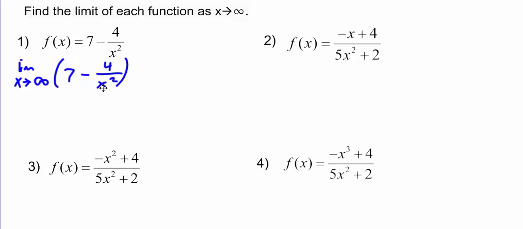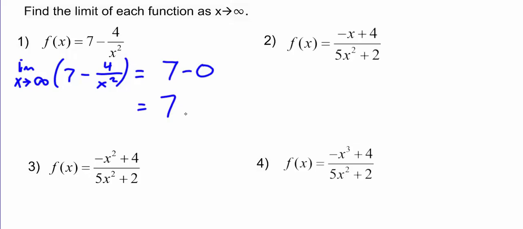And what you have to think about is what's going to happen with 4 over x squared. Well, the larger x becomes, the smaller this becomes. 4 divided by a really big number is getting really close to 0. So we're just simply going to say it's 0.